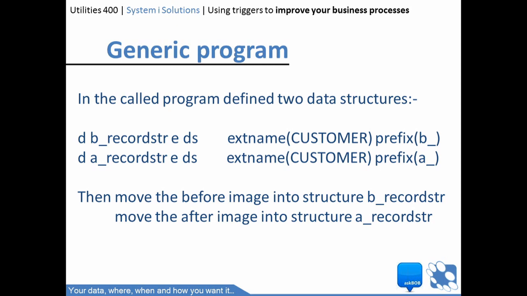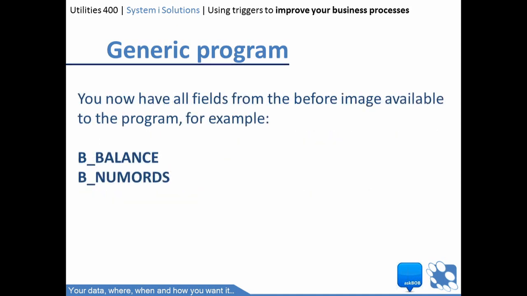So if you've got a field called custno, in the trigger program you'll have a field called B underscore custno and also a field called A underscore custno. So in the logic in your program you can just check if A custno equals B custno, so you know whether the trigger updated that field or not.